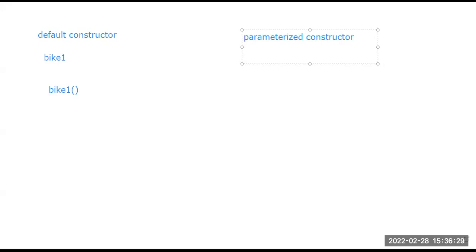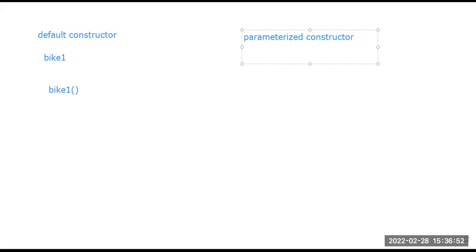What is the purpose of the parameterized constructor? To provide different values to our object. Instead of providing default zero or null values, we use parameters to provide different values. So this is for parameterized.